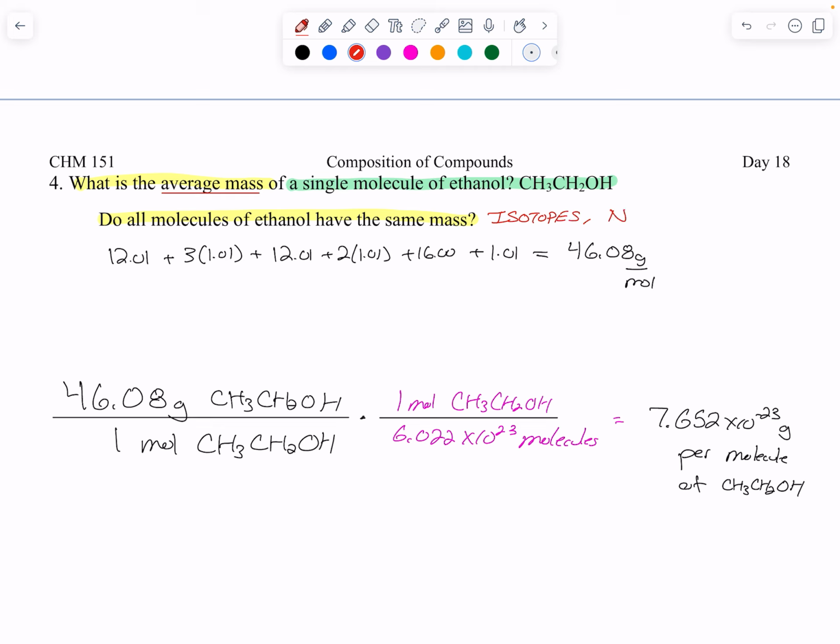So it's no. We have isotopes, so they have different numbers of neutrons. You could have some ethanol with a couple more neutrons, and since this number is so small, 7.65 times 10 to the negative 23rd, having an extra neutron or two makes a difference. So the answer is no to that one.